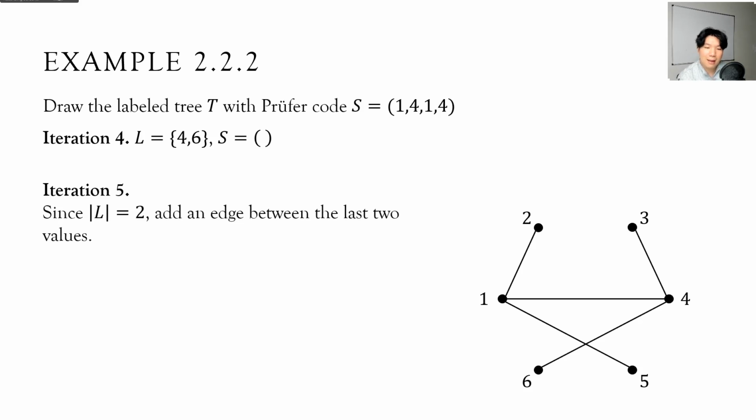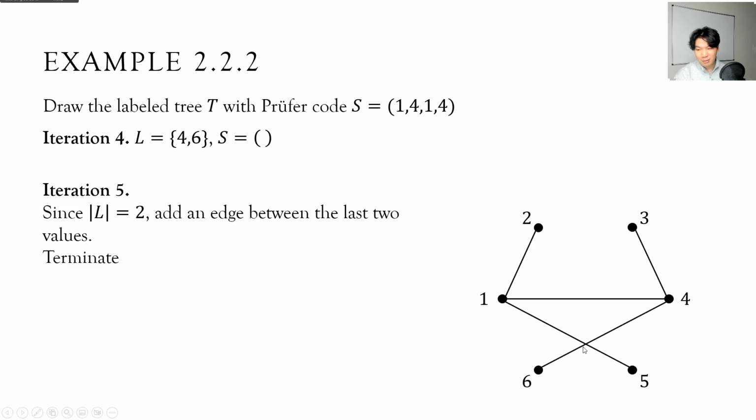So since L has size 2, add an edge between the last 2 values. Once I do that, I can finally terminate because my graph is now connected. I can see here that all of my vertices are connected to each other, and I'm still acyclic. Thus, I now terminate.